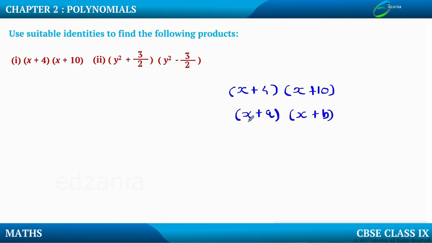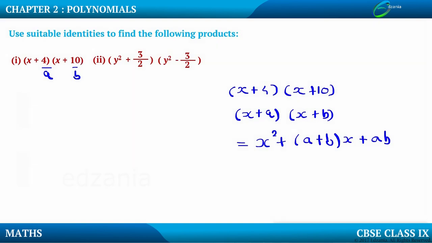Now we know the formula for x plus a into x plus b, that is x square plus a plus b into x plus ab. So indirectly this 4 is nothing but a and this 10 is nothing but b.